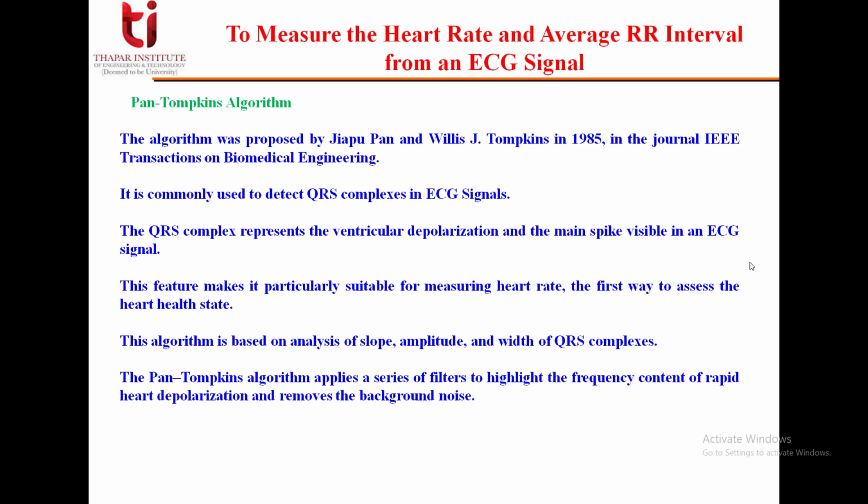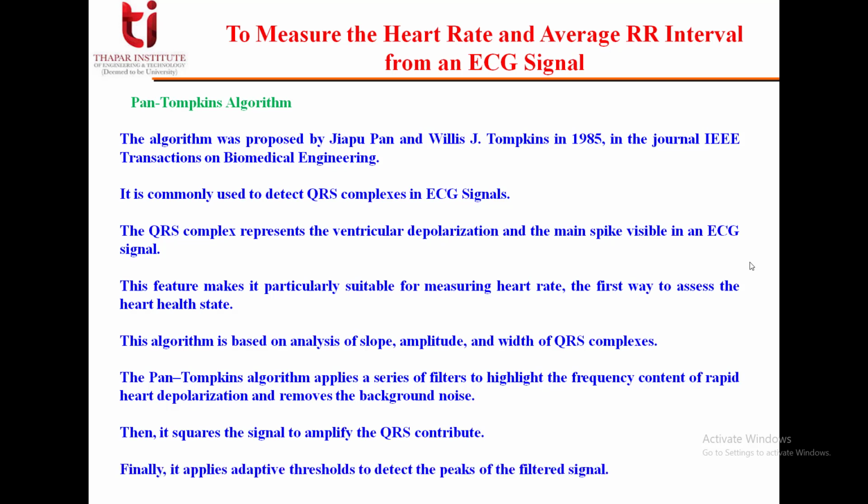The Pan-Tompkins algorithm applies a series of filters to highlight the frequency content of rapid heart depolarization, and it also removes the background noise. Finally, it squares the signal to amplify the QRS contribution, and it then uses an adaptive threshold to detect the peaks of the filtered signal.